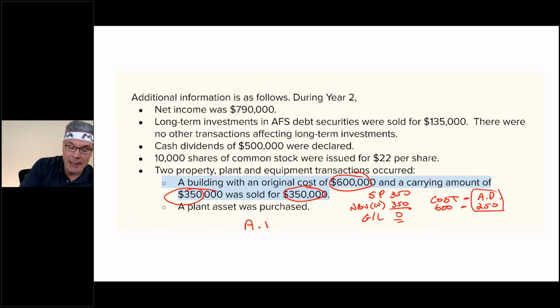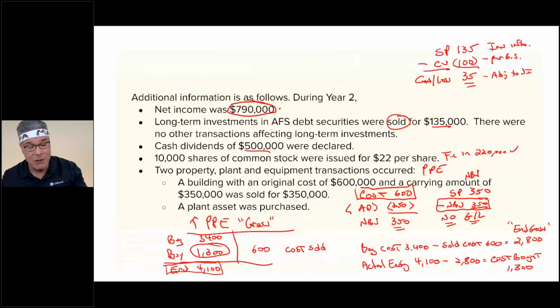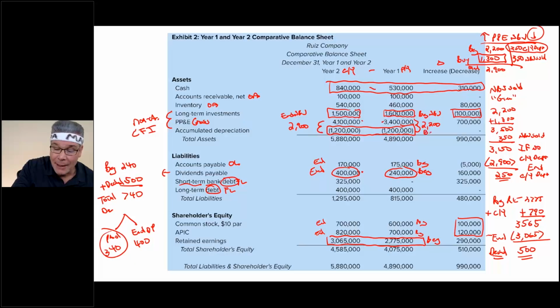Hey, we could look at a T account for accumulated depreciation. Accumulated depreciation is a contra asset. We remember, yeah, it's got a credit balance. So the right side makes it go up, the debit side makes it go down. I go back to my balance sheet and find my beginning and ending accumulated depreciation.